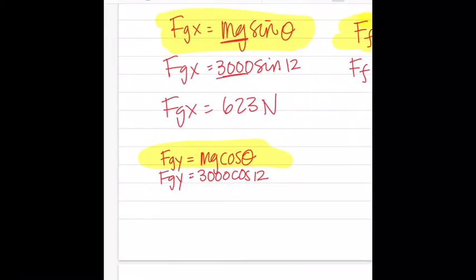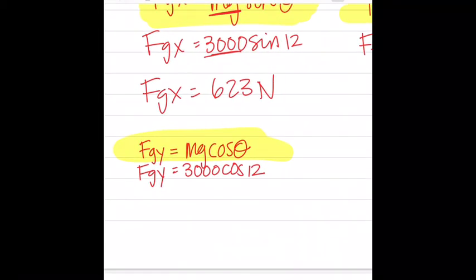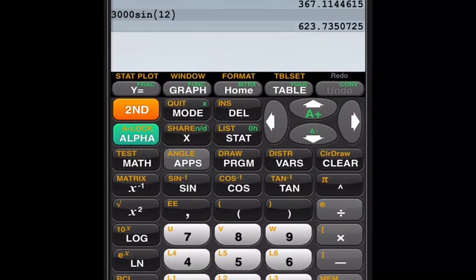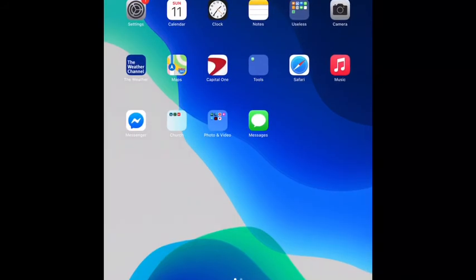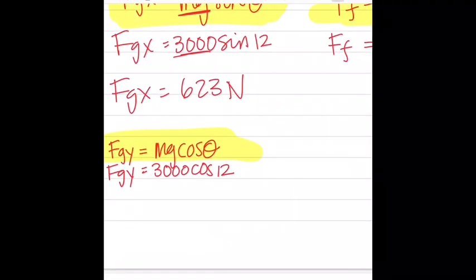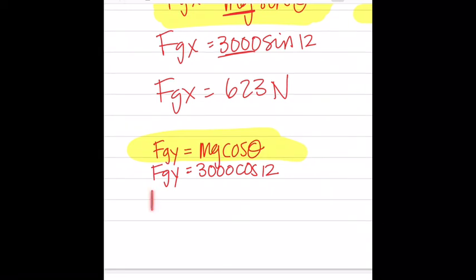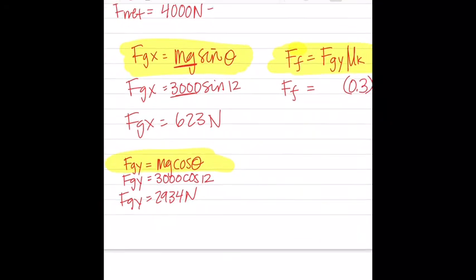Now, let's go ahead and calculate this. Fg of y is 3,000 cosine of 12. 3,000 cosine of 12 is 2934. Okay, so we're getting there.